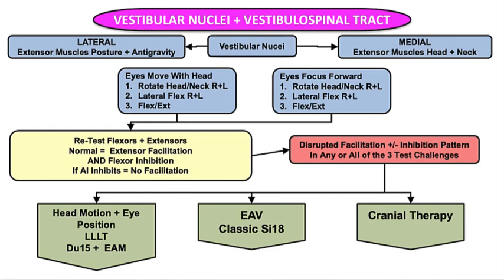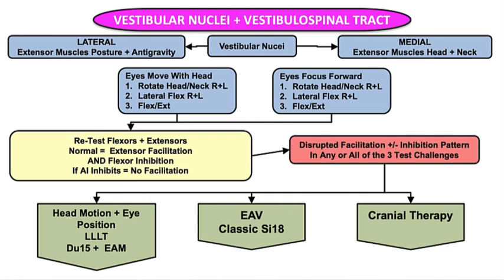There normally should be extensor facilitation, flexor inhibition. And then we're going to repeat for a lateral flexion, eyes move with the head, lateral flexion, eyes stay focused straight ahead, and then flexion extension, eyes move with the head, eyes stay focused straight ahead.